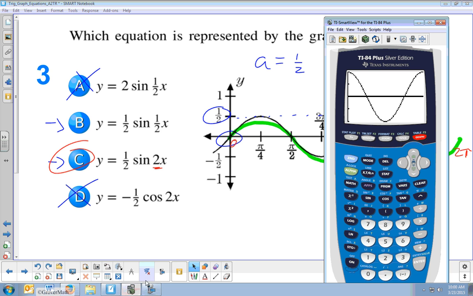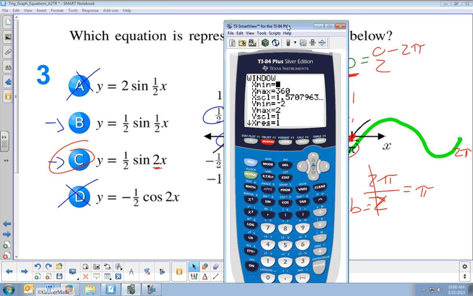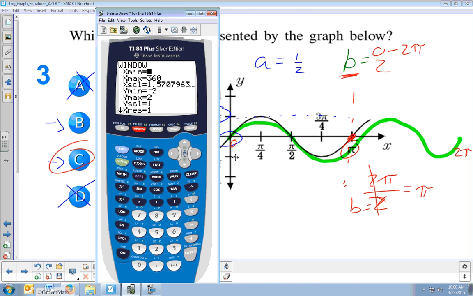And then lastly, we're going to type it in. We're going to check our answer. So we'll type in y equals 1/2 sine 2x. But I need to adjust my window. I want to match this picture. So my last problem was 0 to 360, but this one's going to go 0 to 180. Pi is 180. So I want 0 to 180.